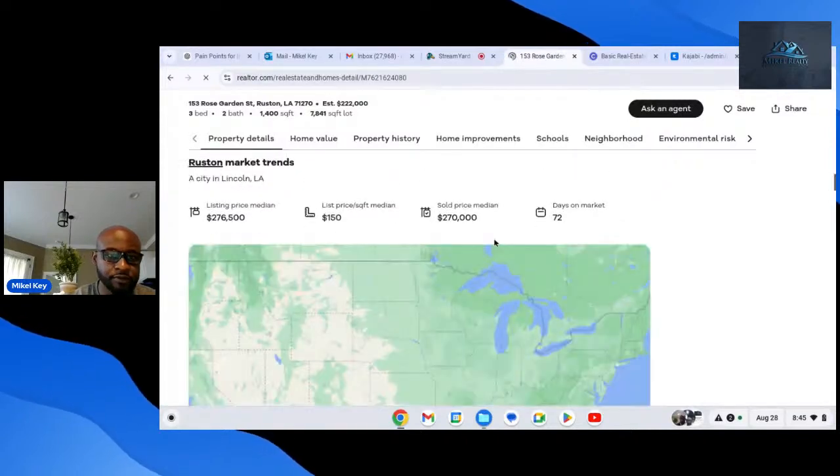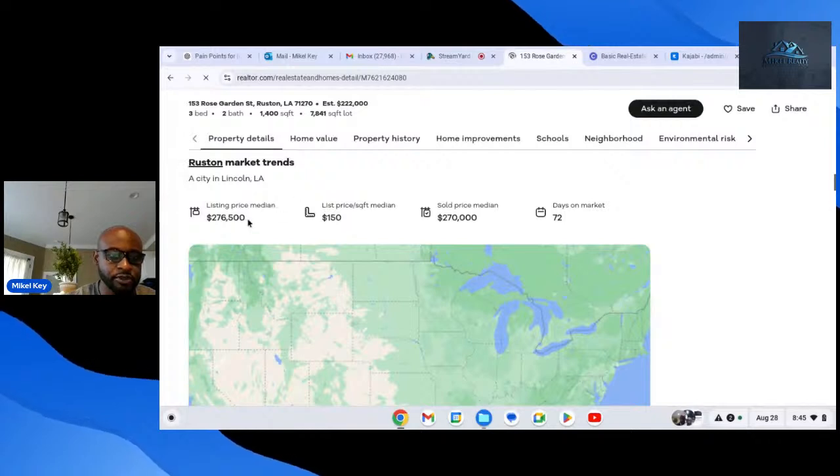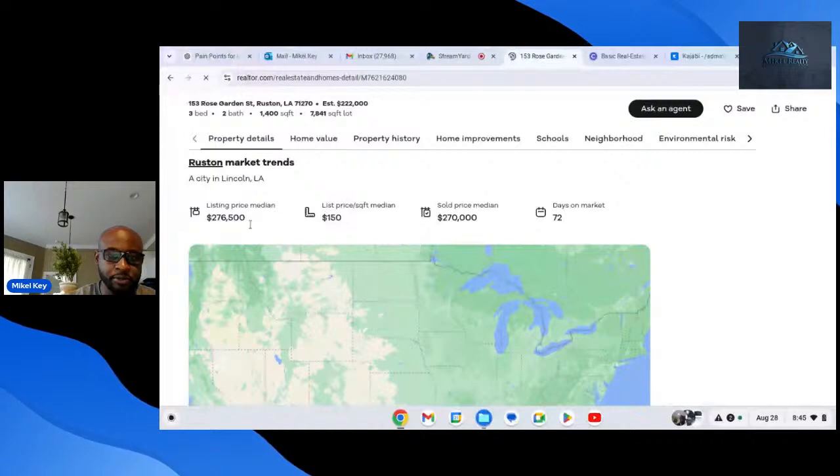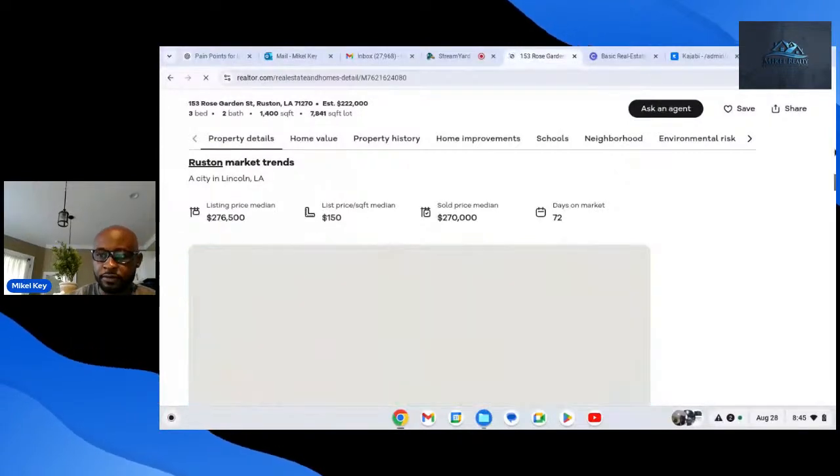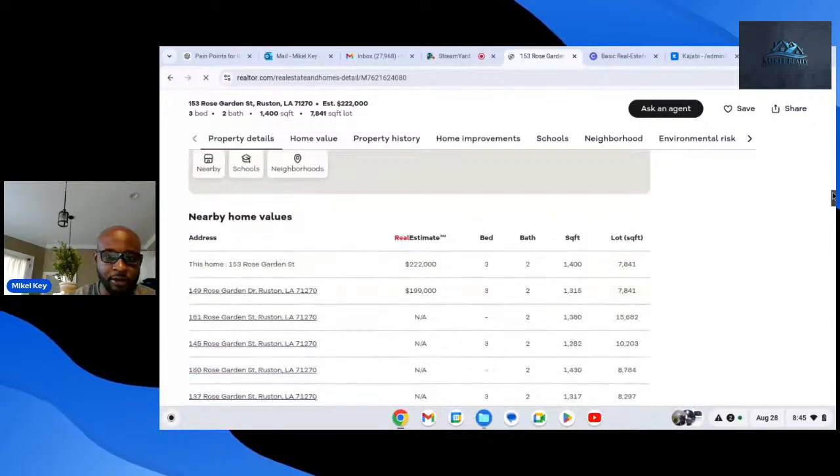See, in Ruston, if you go all the way down, it gives you the median listing price, 276,000, and the median list price per square foot, which is the price per square foot that I was talking about, $150 a foot. So if you go through there and play around with the data, it gives you all kinds of data.